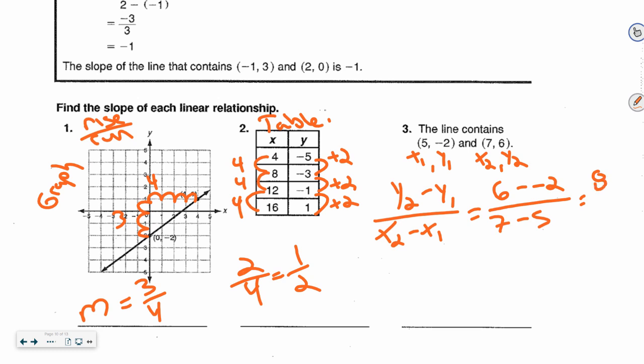I get 8 over 2 because the double negatives turn to a positive, and my m is 4. So when I'm doing these, I choose between if I'm doing a graph, table, or 2 points, and I can plug it in from there.